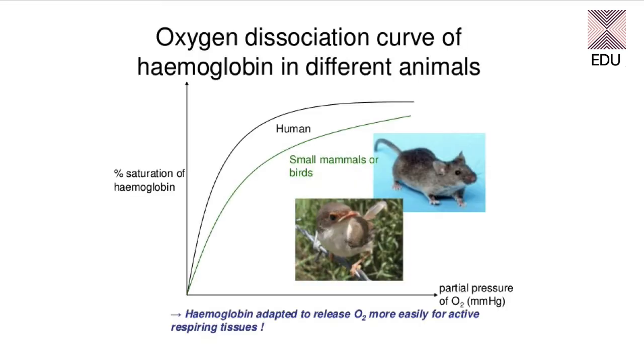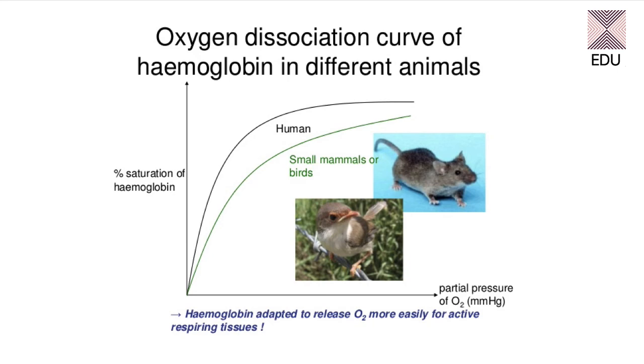Now this particular graph is showing the oxygen dissociation curves of the hemoglobin in different animals. Here the black curve is for humans and the green curve is for small mammals or birds. Actually we cannot give a single graph line for all the small mammals or birds, but this green line is just given as an average of all the small mammals and birds.